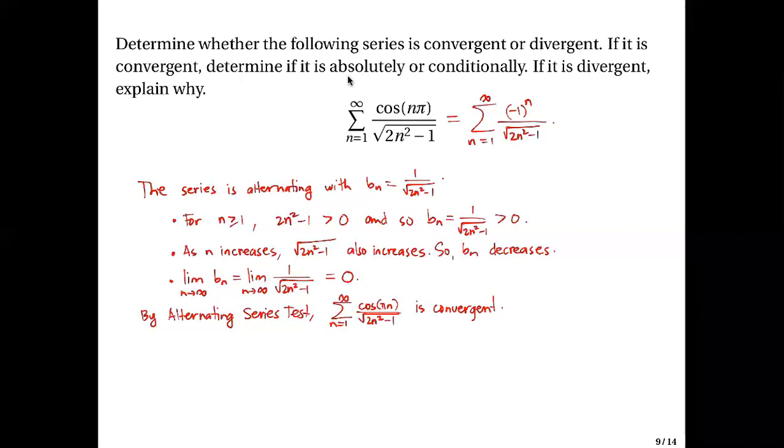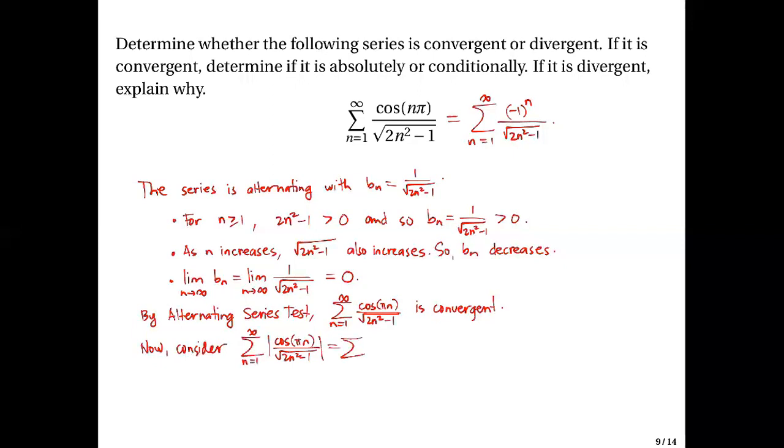We are left to show if it is absolutely or conditionally convergent. Now consider the series with the absolute values, cosine of pi n over square root of 2n squared minus 1, from 1 to plus infinity.